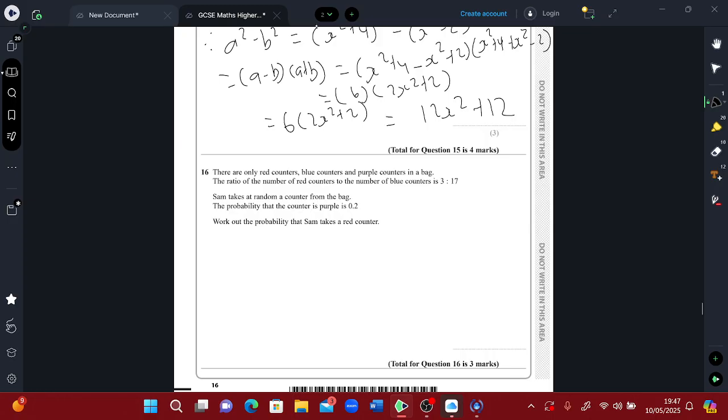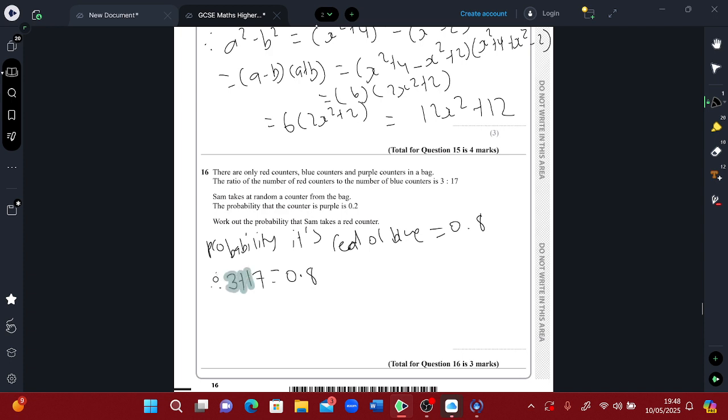Well, we know if the probability the counter is purple is 0.2, the probability it's red or blue is going to be 0.8, right? Because the total probability has to be 1. So this ratio here has to be 0.8.